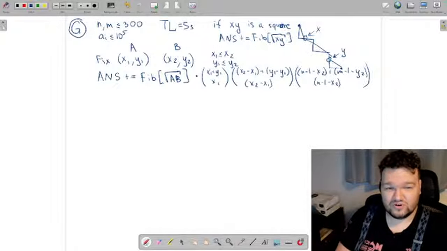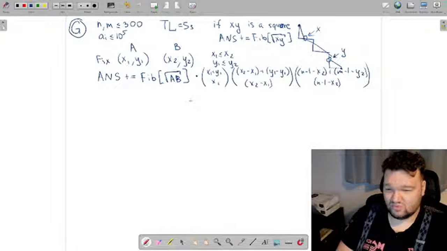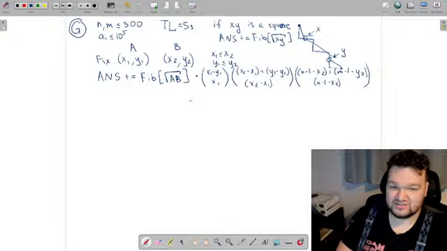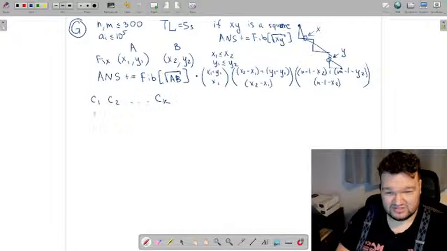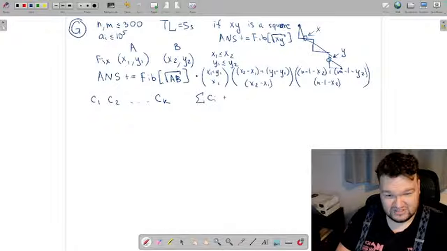If the number of points of the given color is small, just iterate over all pairs and add it to the answer. Let's say that we had C1, C2, CK, those are the sizes of the components.